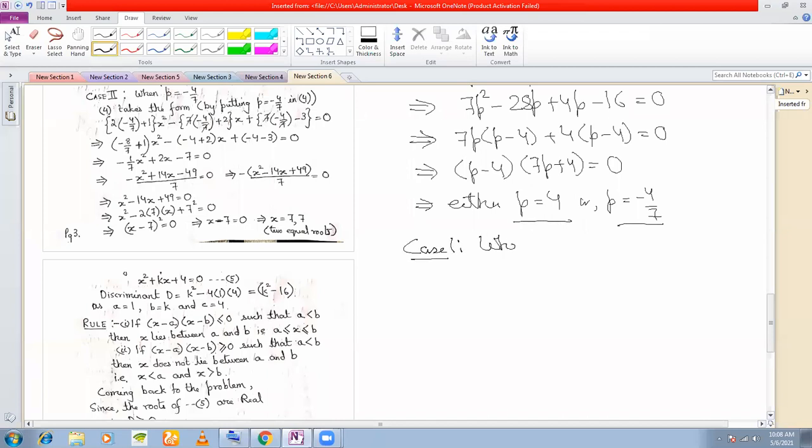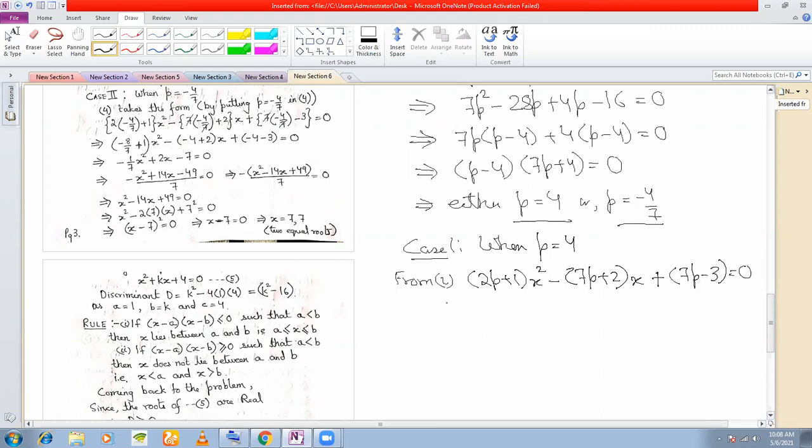when p is equal to 4. So from 1, what is your given equation here? Write the given equation. From 1, you have (2p plus 1) x square minus (7p plus 2) x plus 7p minus 3. This was the given equation.